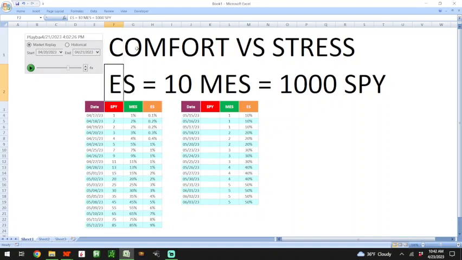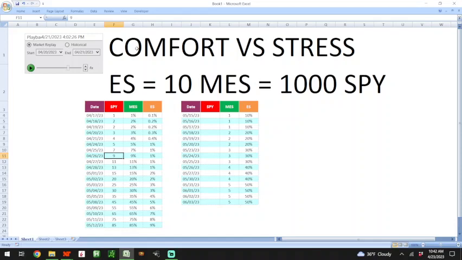Maybe someone else would start with 10 shares and then work their way up, or 5 shares or whatever, or maybe even start with one MES, right? It all depends on what they feel comfortable with in terms of the actual trading.